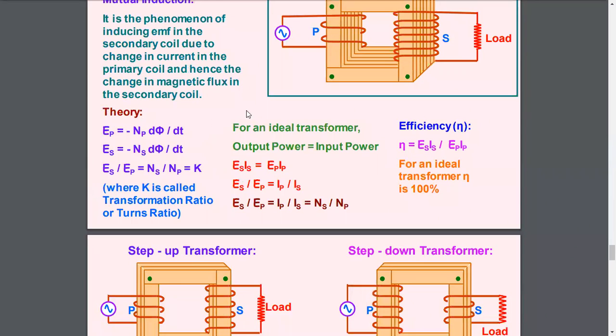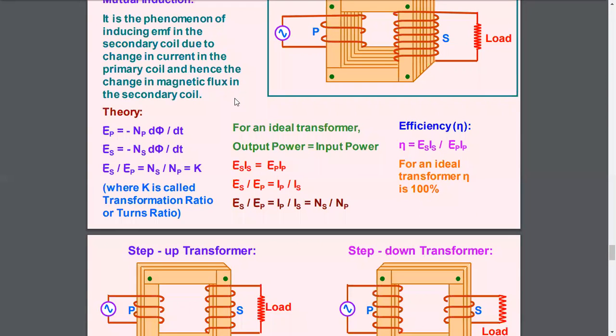So far we have discussed that the induced EMF appearing across the coil is directly proportional to the rate of change of magnetic flux across the coil, according to Faraday's law of electromagnetic induction.